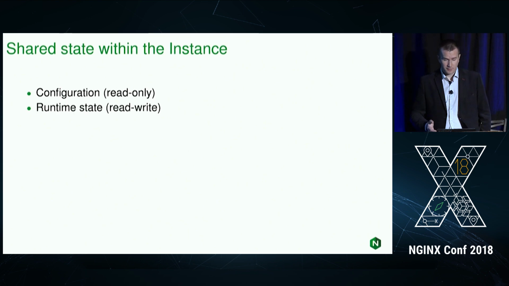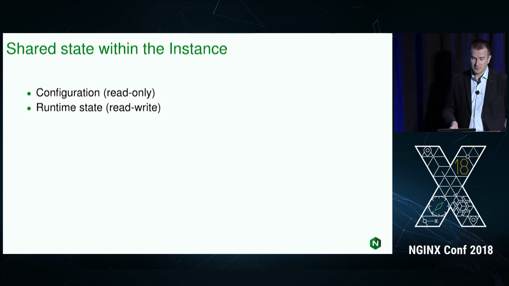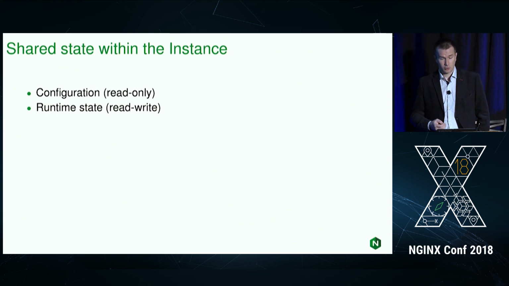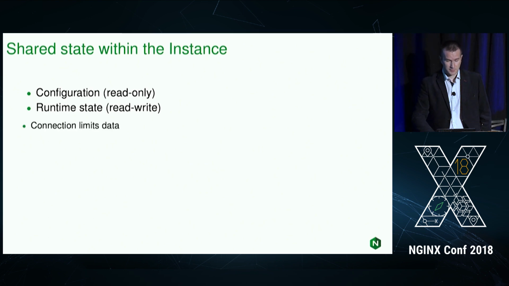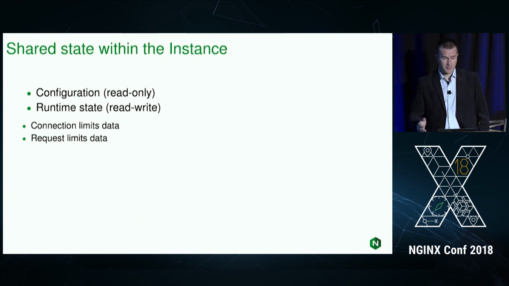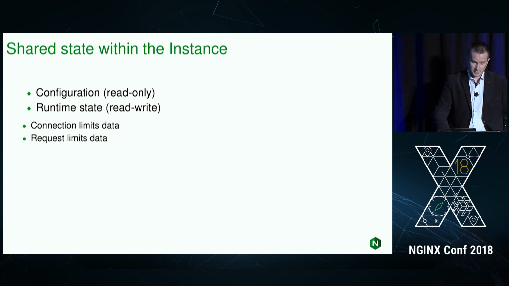Another thing that we have is an actual runtime state that allows reading and writing some data that is shared between the processes. So what state do we have in Nginx? First thing we need to know is that we have connection limits and request limits. Usually it's just counters that count proper data.